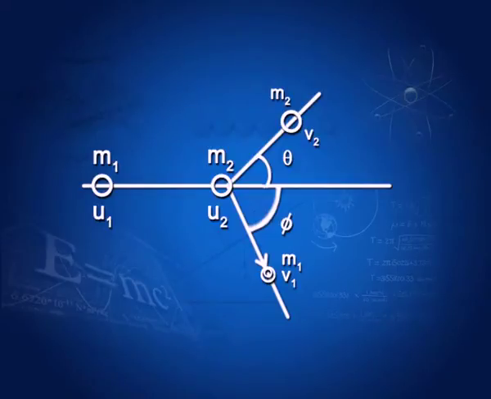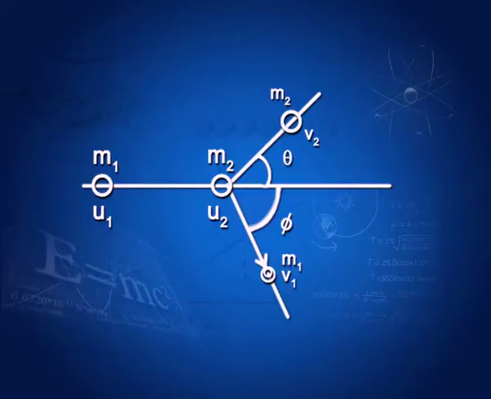Let us say one of our marbles is placed here, another one is approaching it from this direction. Say this is m1 moving with the initial speed of u1, and u2 for this one, and say after the strike it moves in different directions.